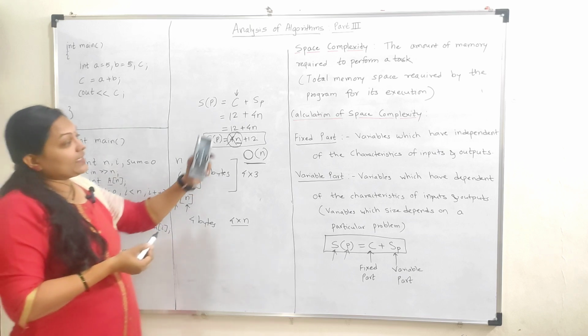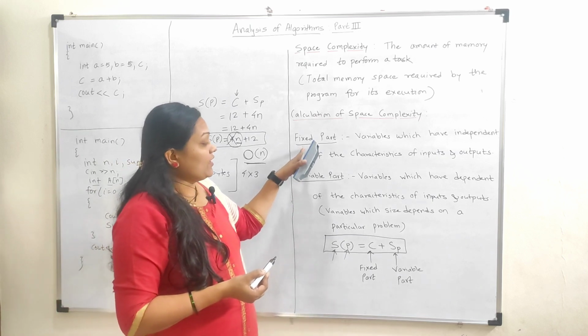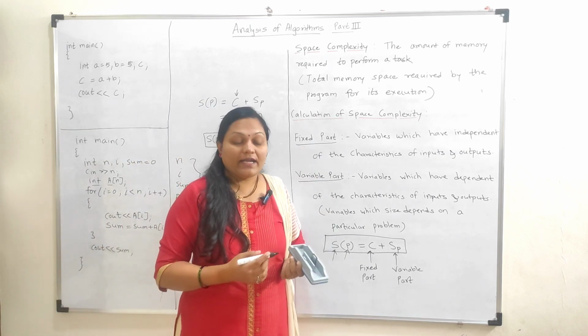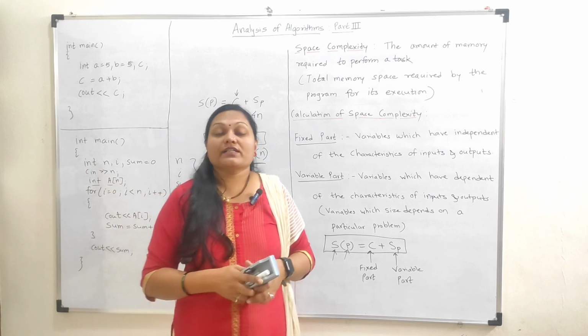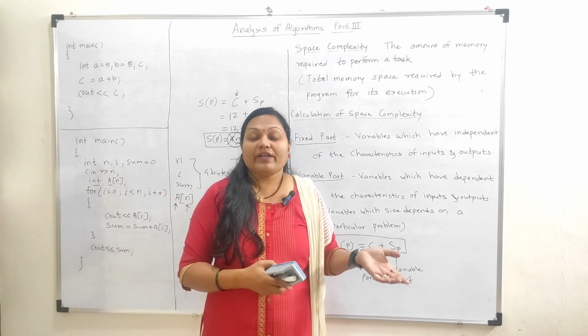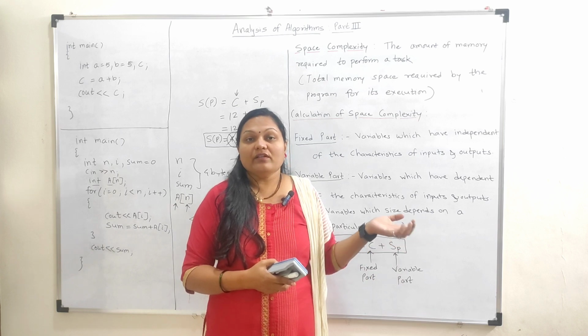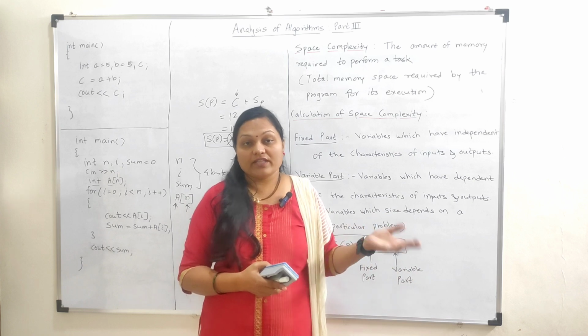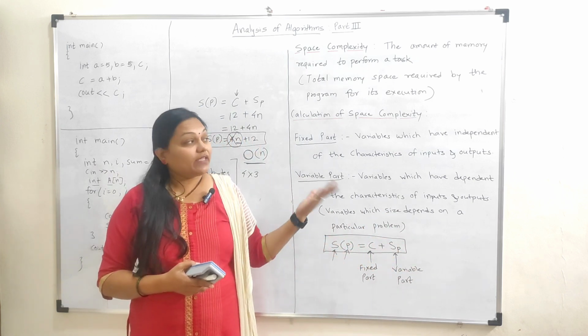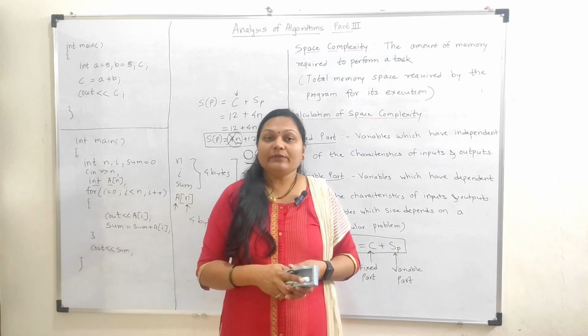So in this way we can calculate the space complexity by using the variable and fixed parts of a program, where we consider the variables which are dependent on another variable and the variables which are independent of another variable.